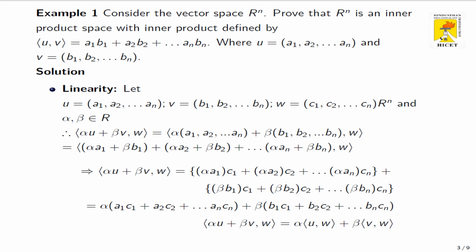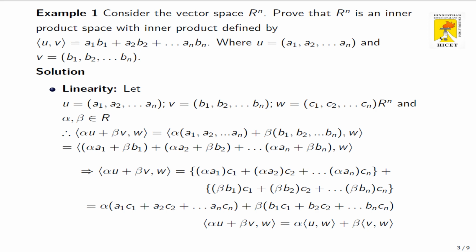Again by definition, alpha a1 into c1 plus alpha a2 into c2 plus up to alpha an into cn plus beta b1 into c1 plus beta b2 into c2 up to beta bn into cn.